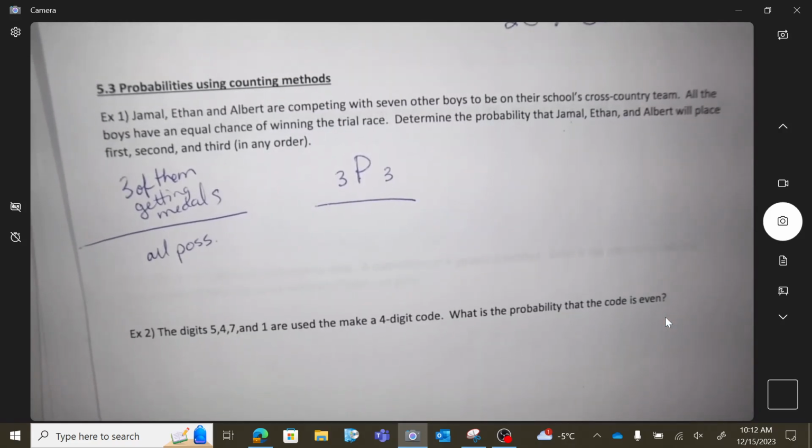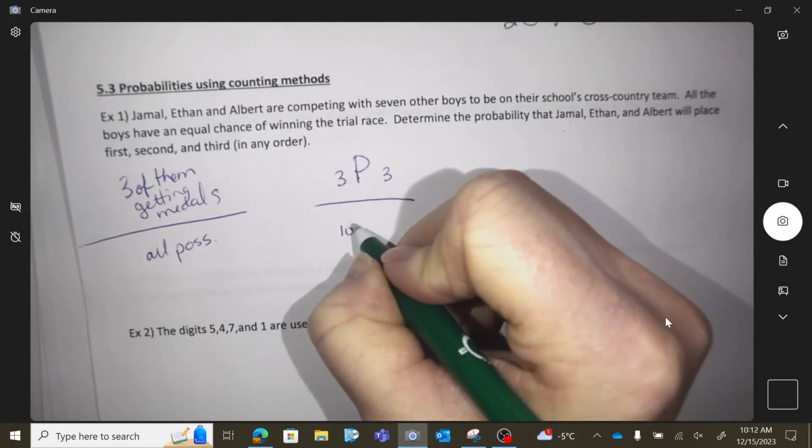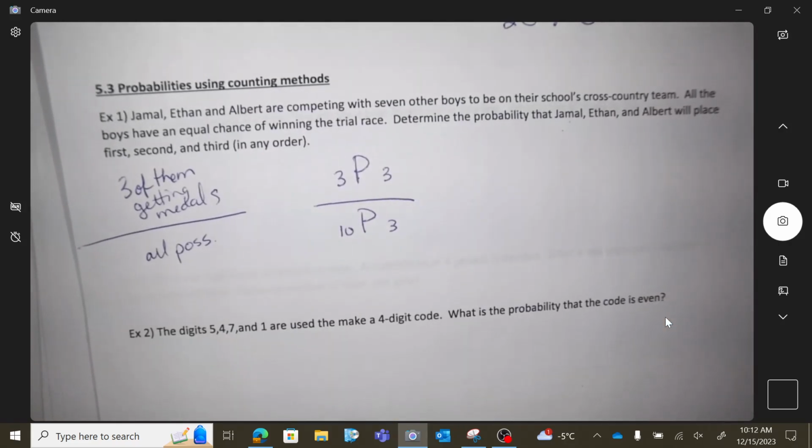Divided by all possible. So what is the whole situation of awarding medals? The entire possible medal awarding ceremony. Seven others, so there's 10 kids in the race, and you're giving medals to 3 people. Okay?